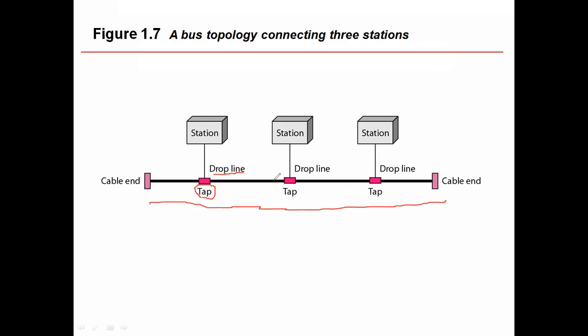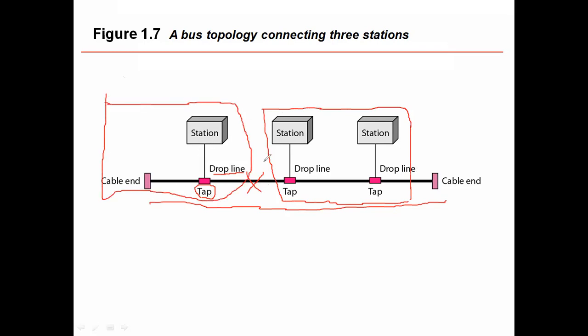Suppose a failure happens somewhere here. This entire portion will be in a different network, and this portion will be in a different network. Anyone from this side cannot communicate to this side. That is the major drawback we face here.